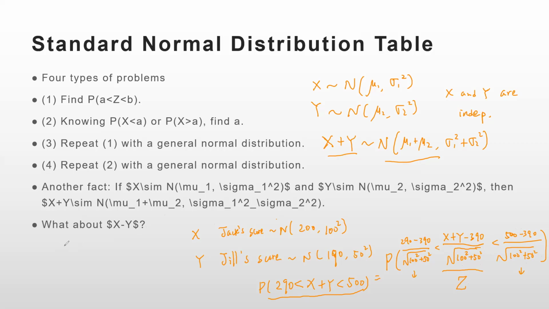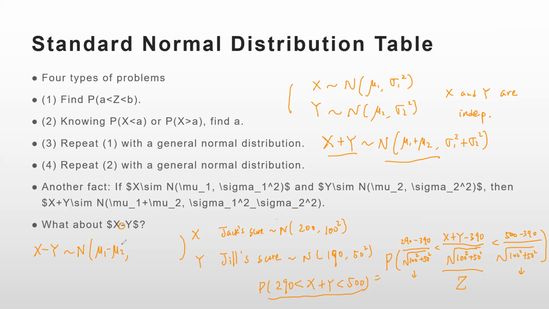Now for X minus Y, it's very similar. It's still normally distributed, again assuming these two are independent as well. So it's normally distributed with mean mu1 minus mu2. That's no problem. It is the variance that you need to be careful with.